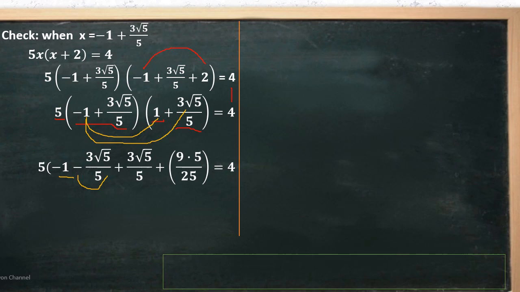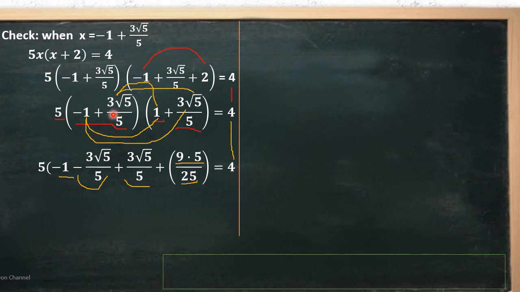Next, 3 square root of 5 over 5 multiplied by 1, the answer is 3 square root of 5 over 5. Finally, multiply 3 square root of 5 over 5 by 3 square root of 5 over 5. The answer is 9 times 5 over 25, and bring down 4. Why do we have 9 times 5 over 25?